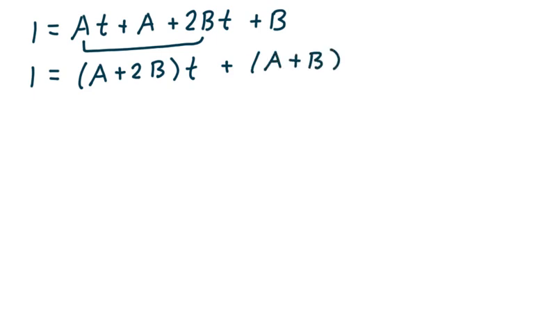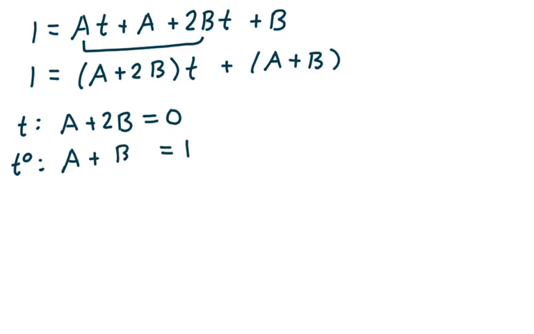Just like this. Now, I have a t equation and I have a t to the 0 equation. And so from here, I get a plus 2b. That has no choice but to be 0. Think about balancing a chemical equation. And then a plus b has to equal 1.